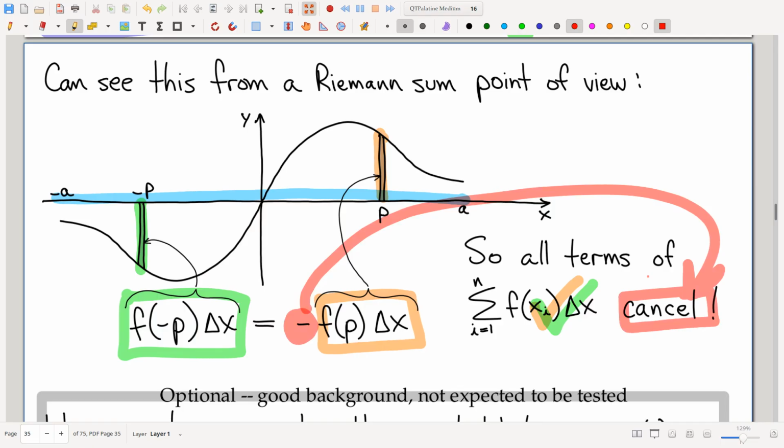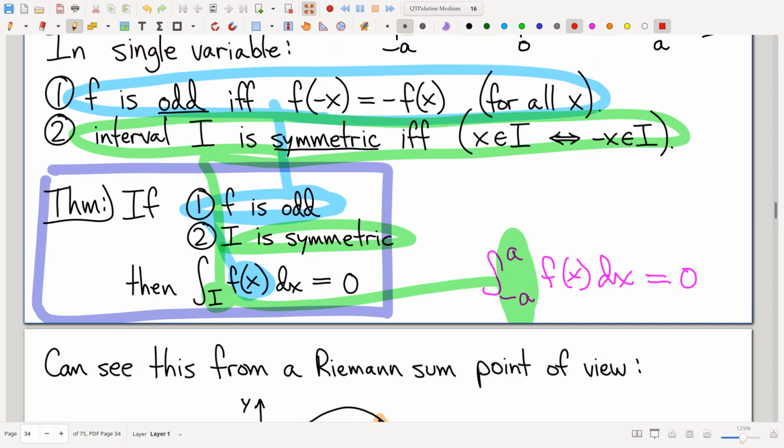All the terms in the Riemann sum pair up and cancel each other, and thus you're left with 0. So I think this is a pretty intuitively satisfying way to see why this theorem is true, why it sort of should be true.